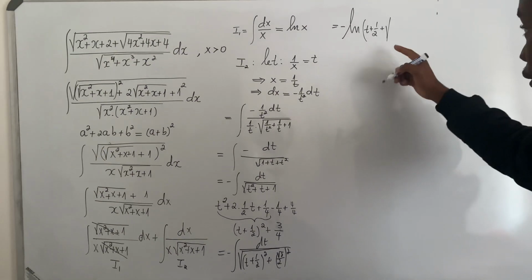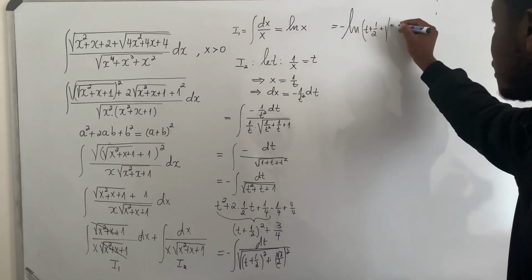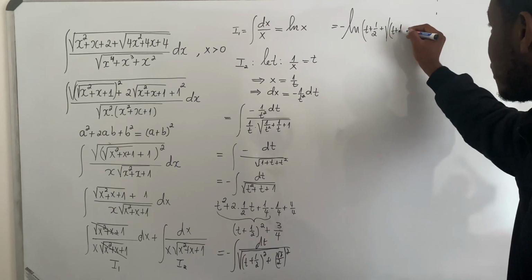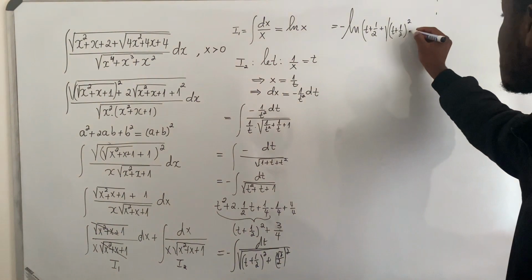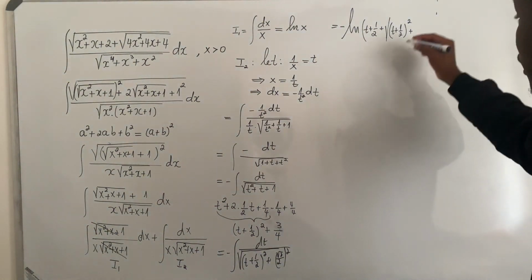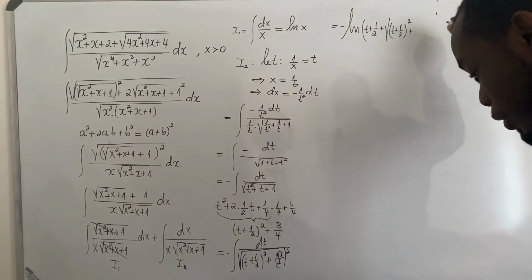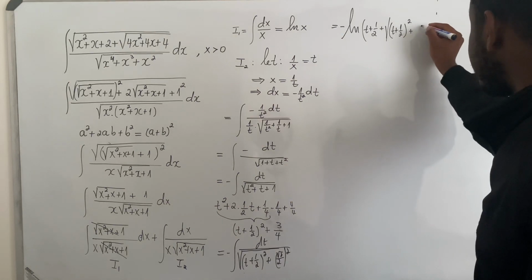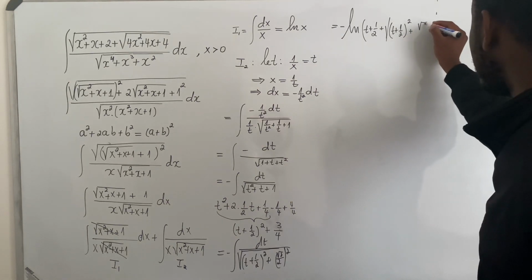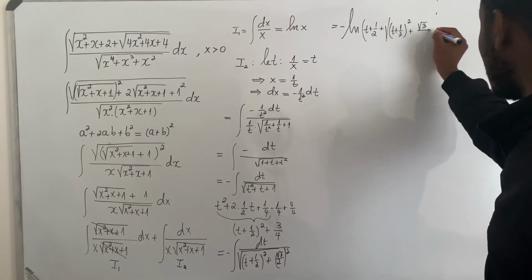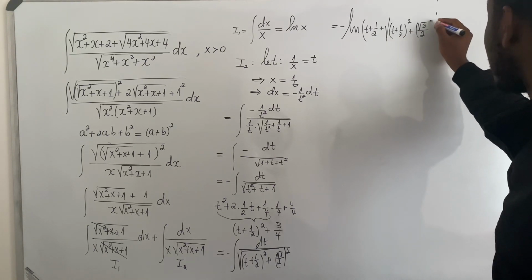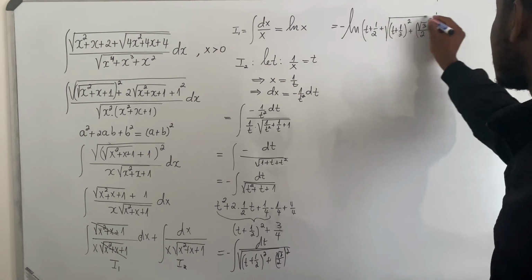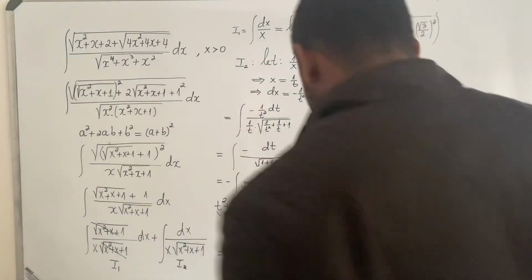We're now going to have my t squared, which is this expression, t plus 1 over 2 squared. This is positive, then that becomes positive a, which is the square root of 3 over 2, squared. This is the standard form.